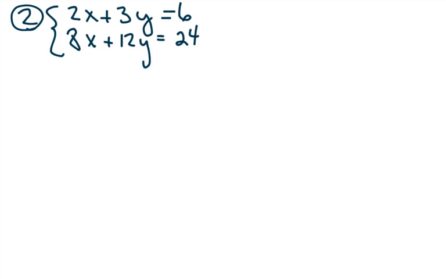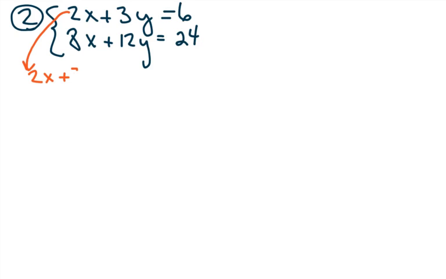Now, we need to compare the slopes, and then we need to compare the y-intercepts according to what we have learned. So we're going to take some time here now to solve each equation for y so that we can compare the slopes.